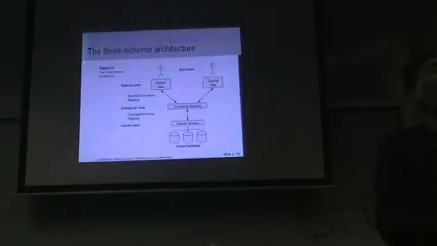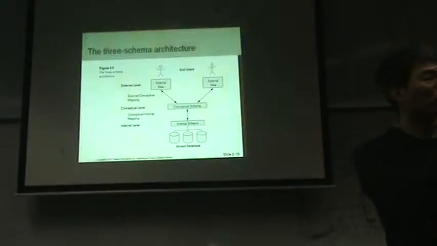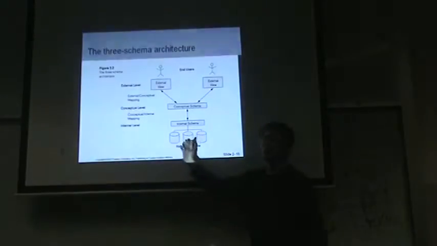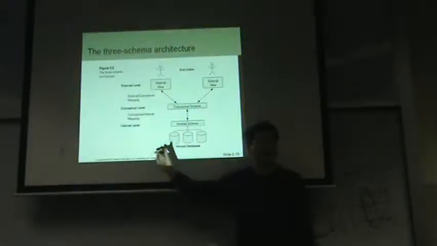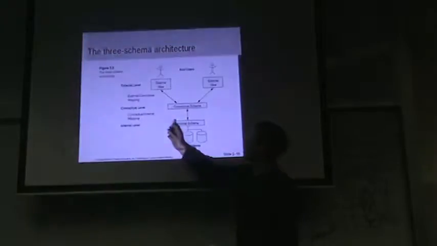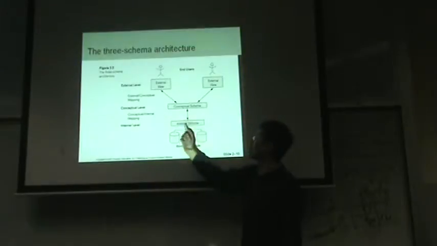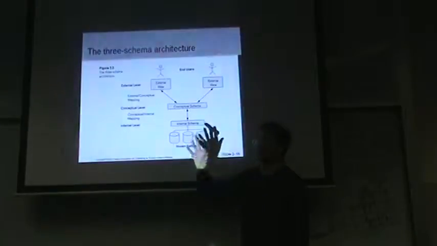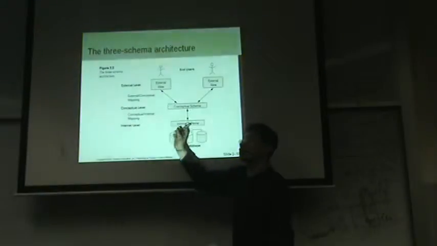It's independent. How can we preserve such program and data independence? Somebody proposed it, and it's actually the ANSI standard. It's a standard architecture of the database. So when we call it a DBMS, it satisfies this structure.